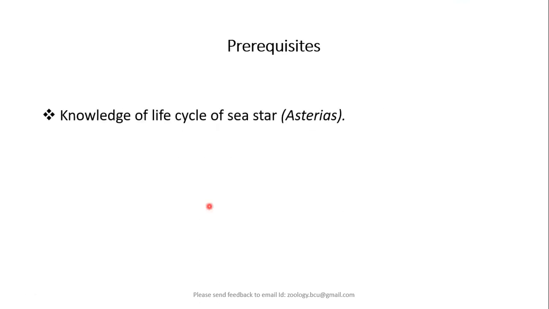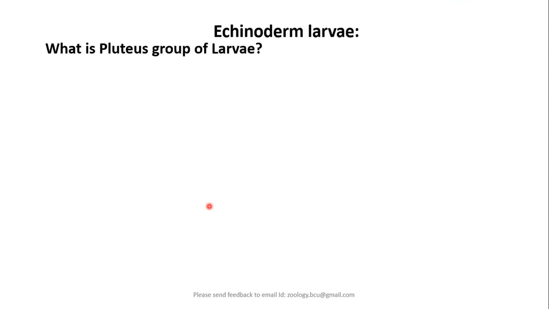Of course, we need to learn this session only after studying the life cycle of sea star or Asteroidea for better understanding. Coming to the Ophiopluteus and Echinopluteus larvae, these two larvae share a similar structure. That's why together they are called the Pluteus group of larvae.